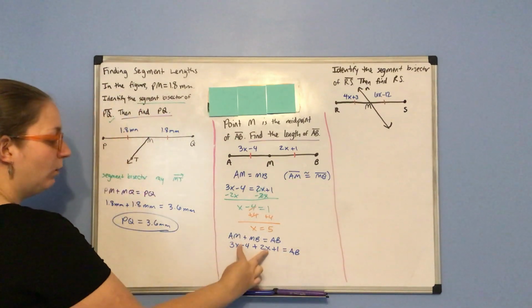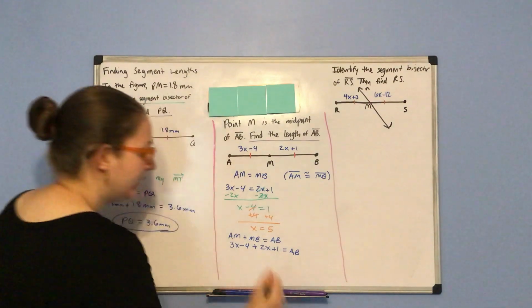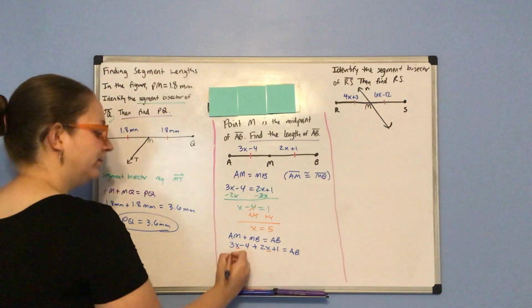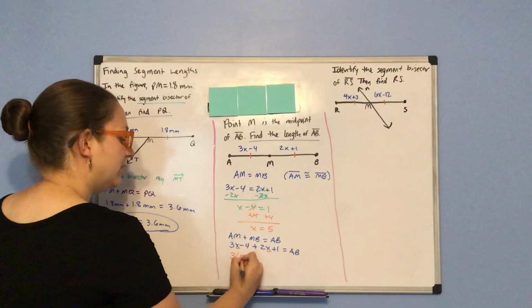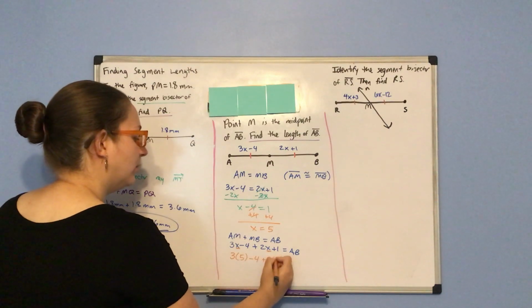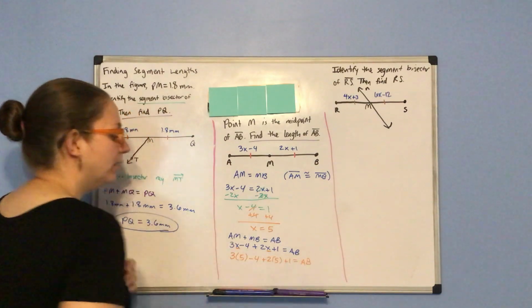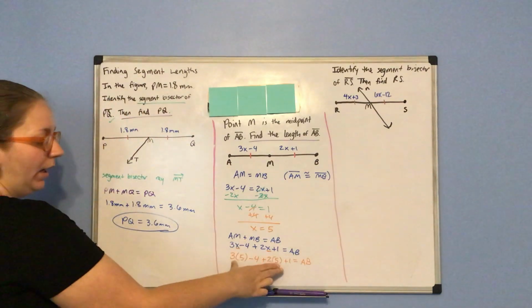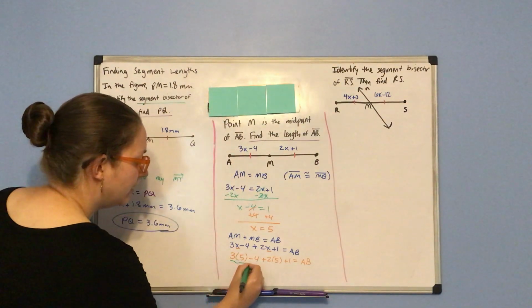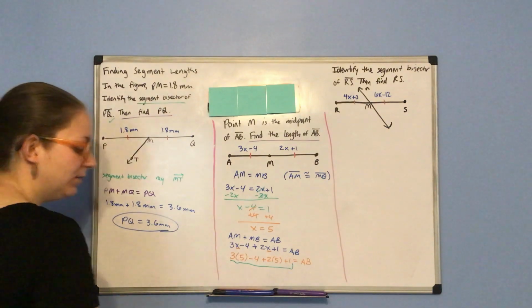However, we can actually plug in some numbers for these x's now. Since x equals 5, I'm going to turn this x into a 5 and this x into a 5. So 3 parentheses 5 minus 4 plus 2 parentheses 5 plus 1 is going to give me my full length of AB. I would recommend from here, type in all of this, everything before the equal sign, at once into Desmos.